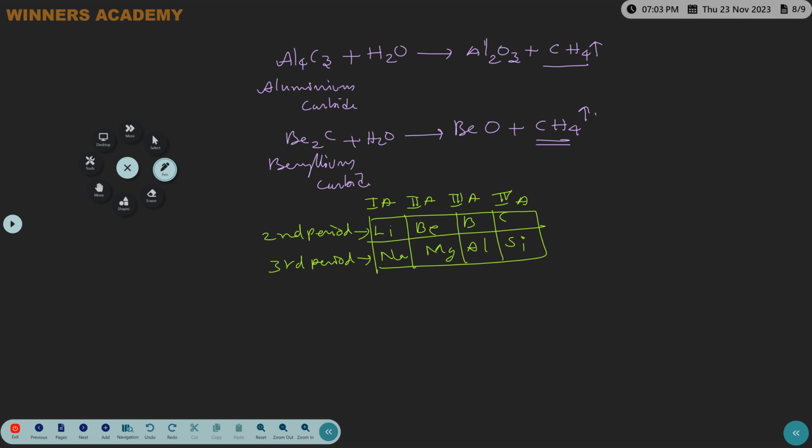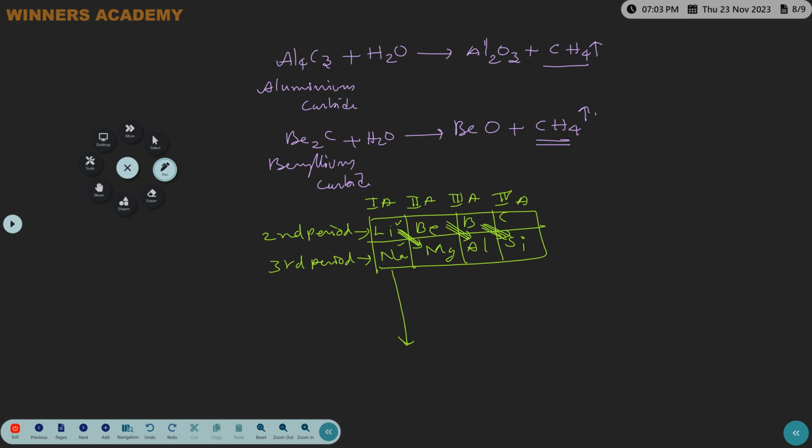See here, the elements which are present in the same group exhibit similar properties. So lithium should resemble sodium, but lithium shows more resemblance with magnesium than sodium. Like that, beryllium also shows more resemblance with aluminium, like boron resembles silicon. That is called diagonal relationship.